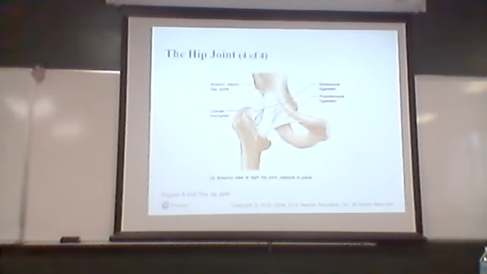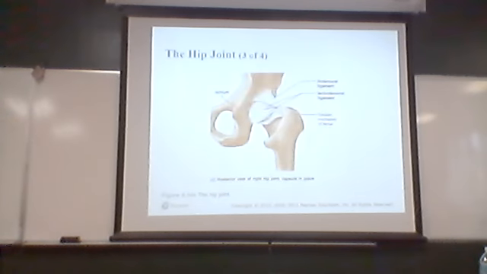Okay, we have the iliac spine on the front side. The iliofemoral ligament is coming in front, and it has heads on the side. The pubofemoral has two parts, one on the front and one on the back.